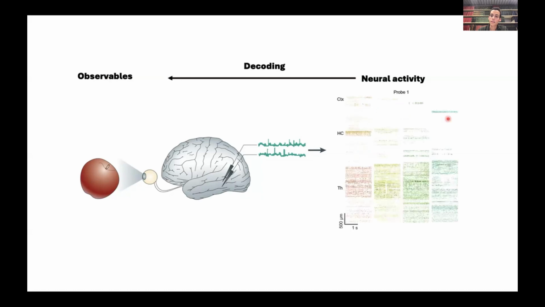But now that we have these amazing technologies where you can record from hundreds of neurons, we can do the opposite task of decoding the stimuli or the external variables from the neural activity. And this is the process of decoding.